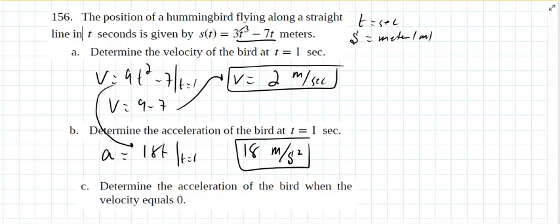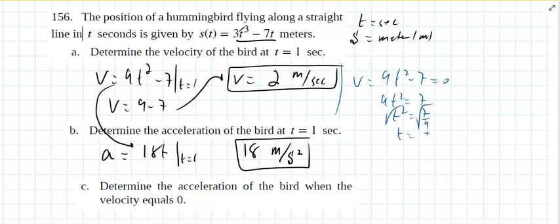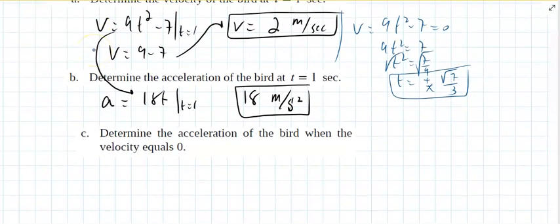Well, let's see. The velocity is given to be 9t squared minus 7. Where does that equal 0? That's when 9t squared equals 7, or t squared equals 7 over 9, t equals plus or minus radical 7 over 3. Time can't be negative. So determine the acceleration.